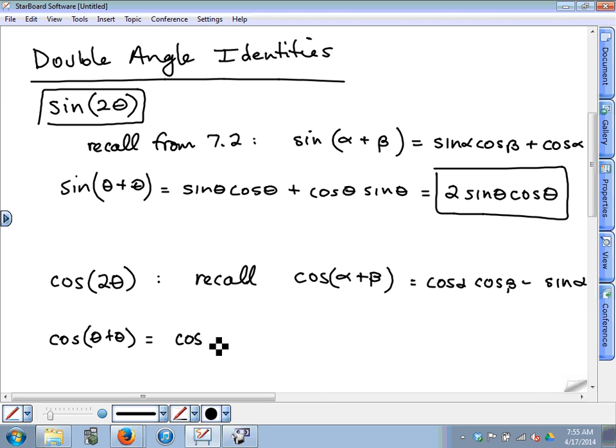So it's going to be cosine theta cosine theta minus sine theta sine theta. Now let's clean this up a little bit. How can we simplify that? It's cosine squared minus sine squared. There you go. Cosine squared theta minus sine squared theta.